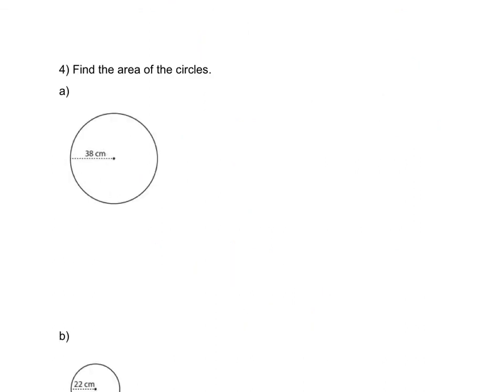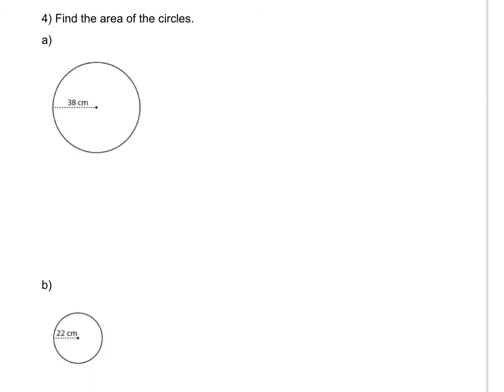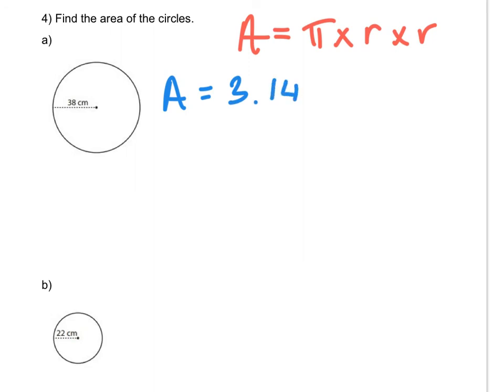Let's look at some area questions. We said already, I'm going to write the formula up here: area equals pi r squared. Now look at these ones. We have the radius, so that's perfect. So area equals 3.14 times 38 times 38.